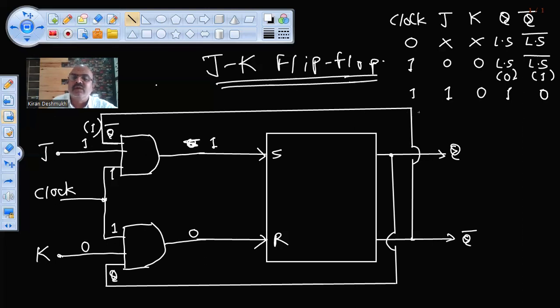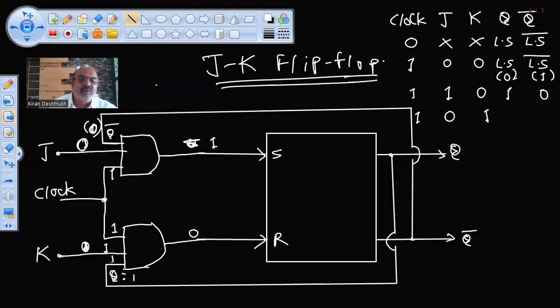Correct? Now keeping this clock 1, if I now make J 0 and K 1, now what is the state of Q bar? Q bar is now 0. What is the state of Q? Q is 1.